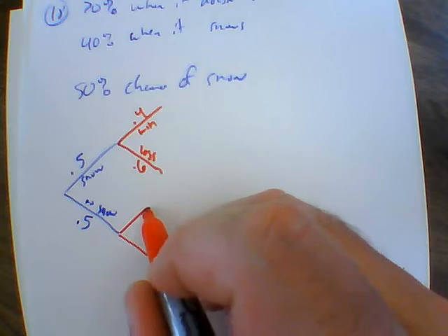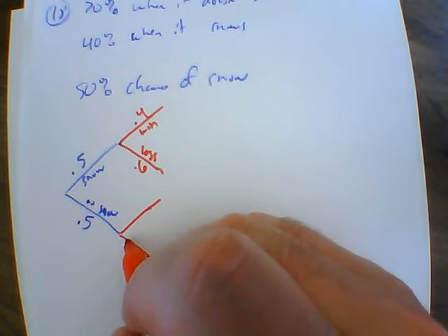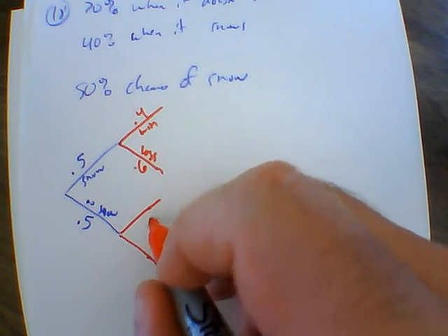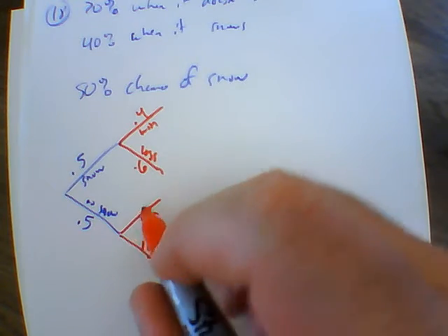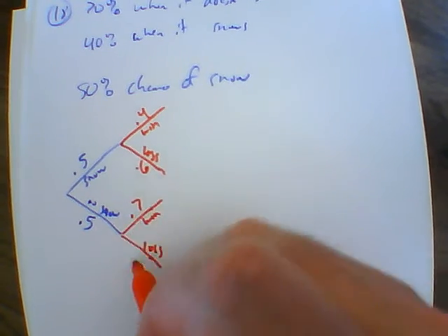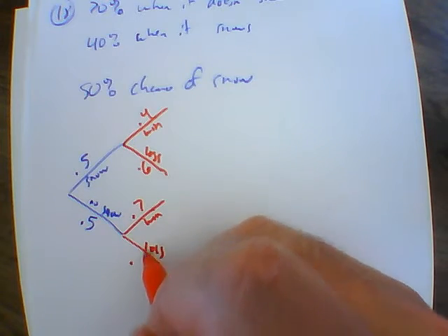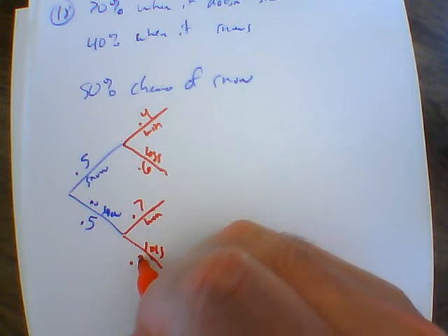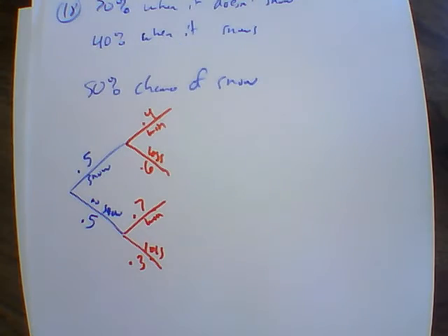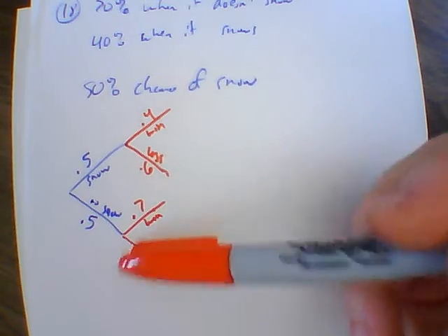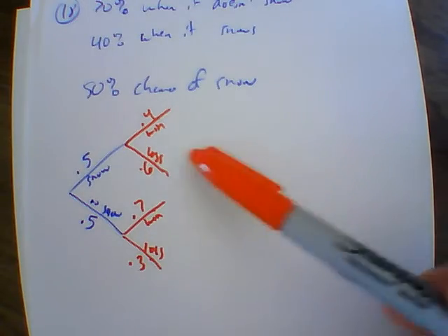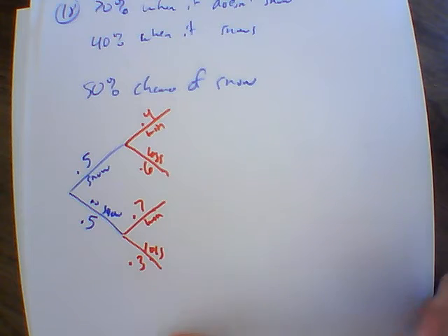If it does not snow, we look at a win or a loss once again, but now they have a 0.7 chance of winning or a 0.3 chance of losing. Once again, in an event, it either is going to happen or it's not going to happen. That's where we start talking about this property: they have to add up to 1.